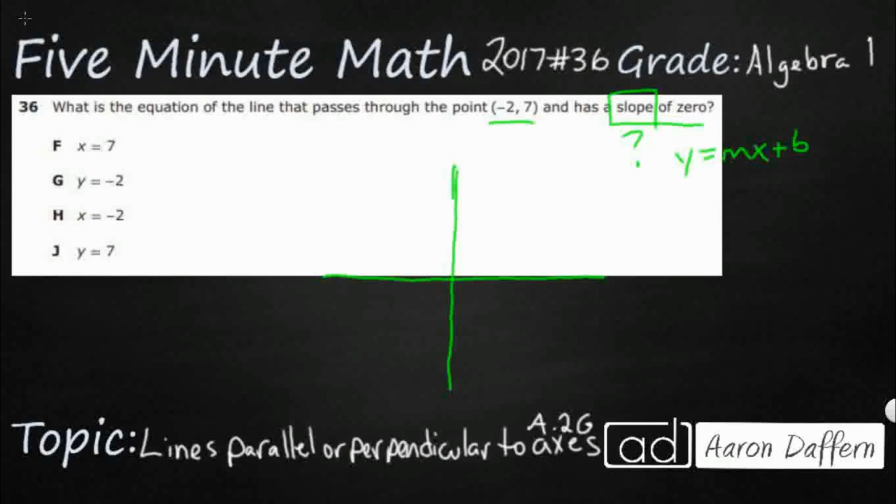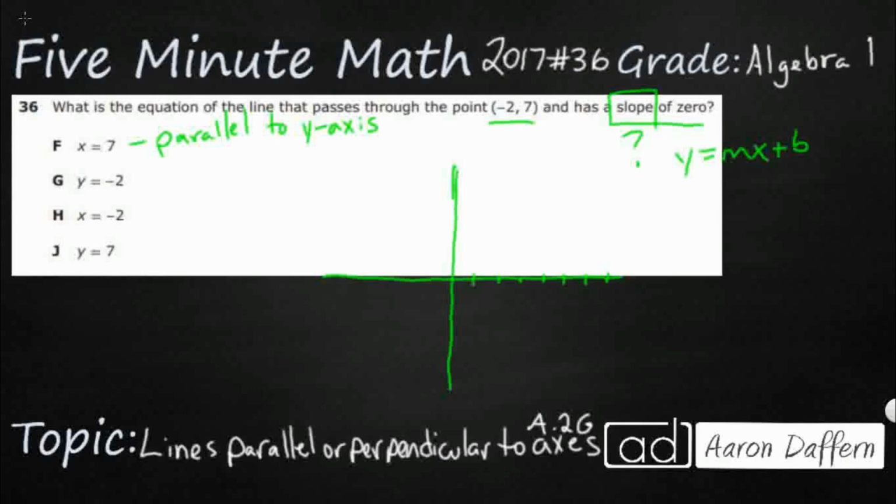So if I'm going to say x equals 7, let's count 1, 2, 3, 4, 5, 6, 7. All right, so here's my 7. If x equals 7, that means this is going to be parallel to the y-axis. When you see equations that just say x equals or y equals, you know it's going to be either parallel to the x-axis or parallel to the y-axis.